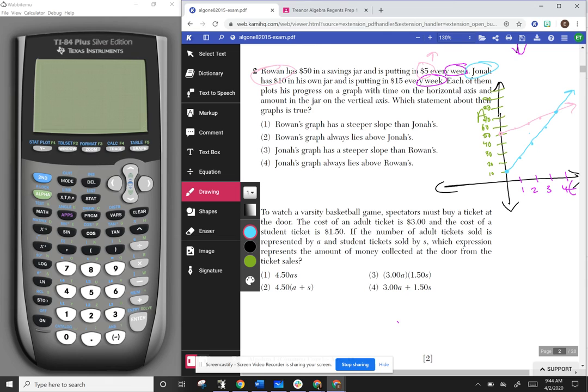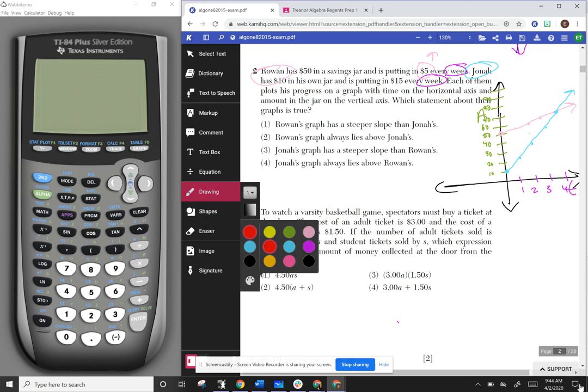Which statement about these graphs is true? So Rowan's graph has a steeper slope than Jonah's. Rowan's graph always lies above Jonah's. Jonah's graph has a steeper slope than Rowan's, and Jonah's graph always lies above Rowan's.